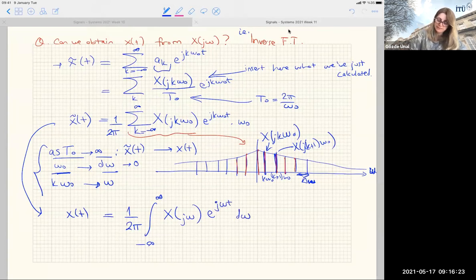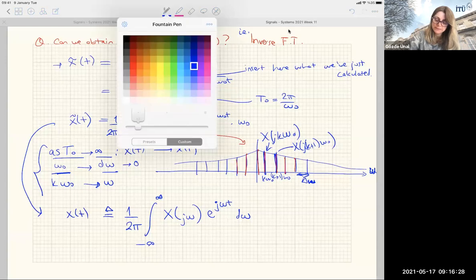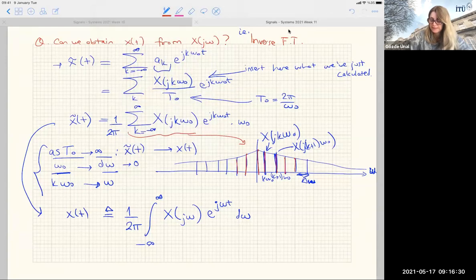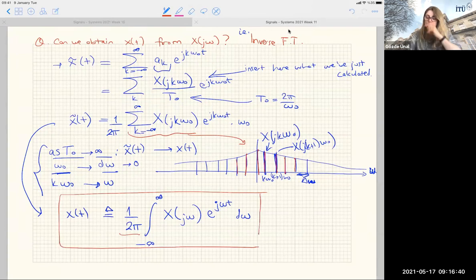This is the definition of the inverse Fourier transform. It's something we expect. This is like a normalization constant, 1 over 2 pi, that turns out to be there. But other than that, you could expect it when you remember how we calculated the Fourier series coefficients.